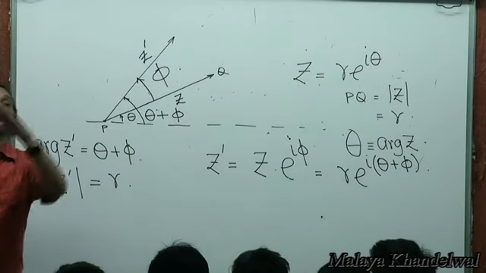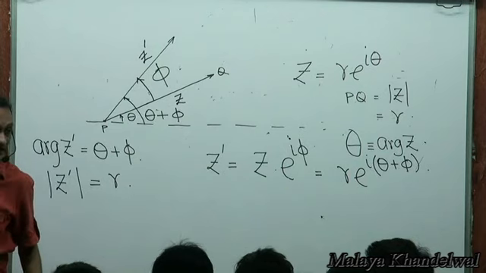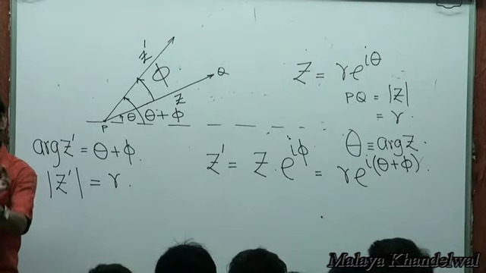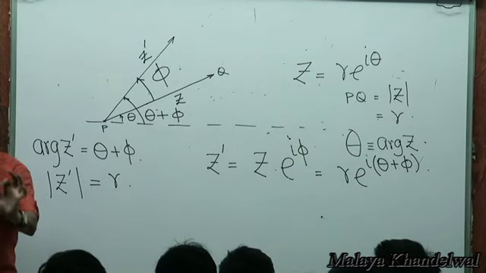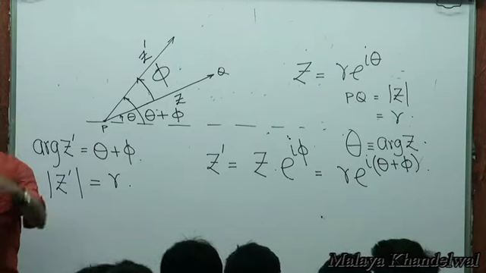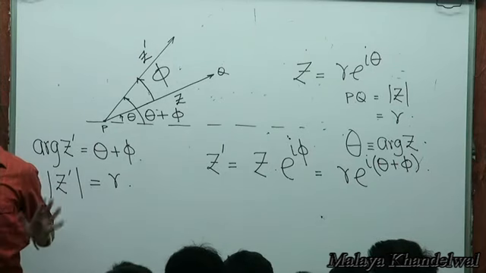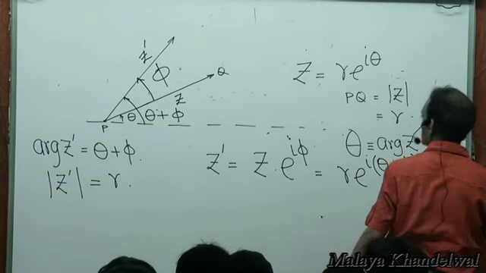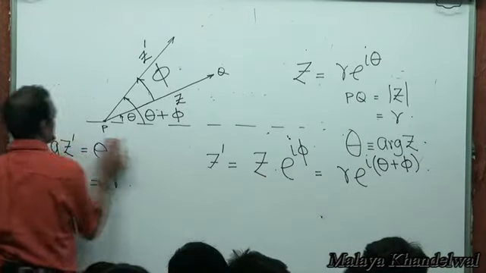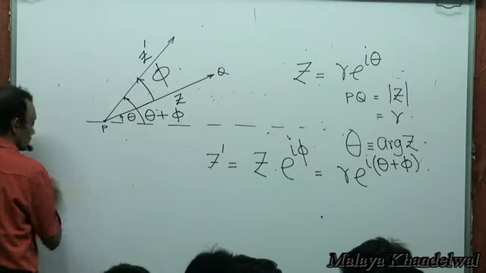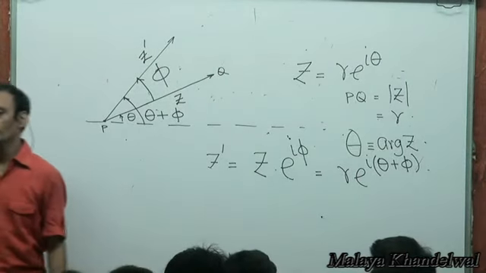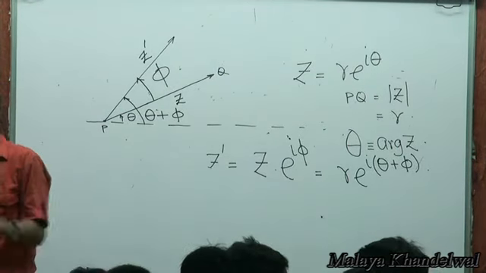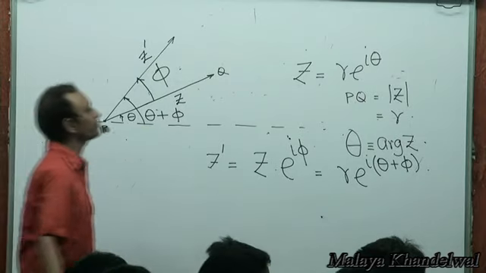Multiply it with e power i pi, it will rotate 180 degrees anti-clockwise, and so on. Clear? Yes, if phi is 2 pi, then z and z prime are aligned. That means the vector is rotated by 2 pi, right?